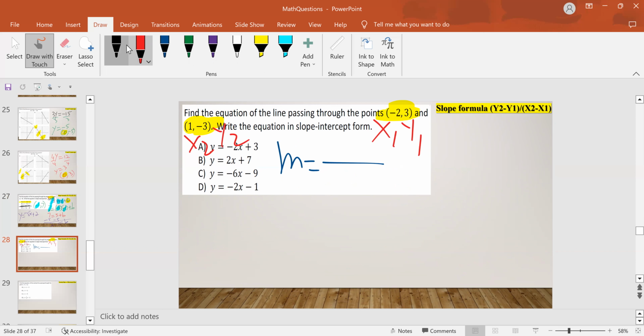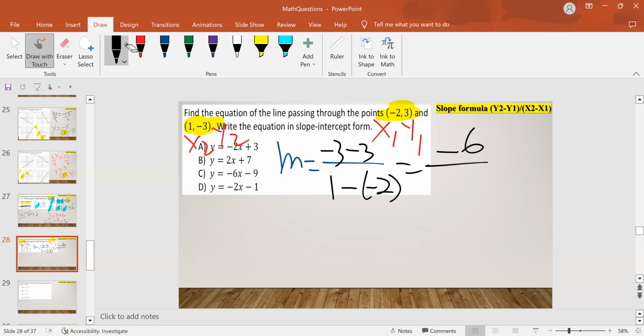So y2 here is -3 minus y1, 3, divided by x2, which is 1, minus x1, and x1 is -2. So again, I use a parenthesis.